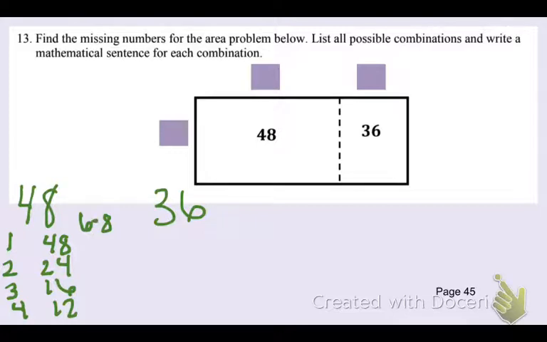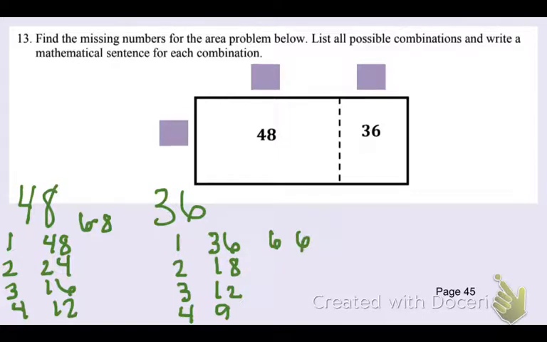Okay, now let's find the factors of 36, the numbers that we can multiply together to get 36. 1 multiplied by 36, 2 multiplied by 18, 3 multiplied by 12, 4 multiplied by 9, and lastly 6 multiplied by 6.